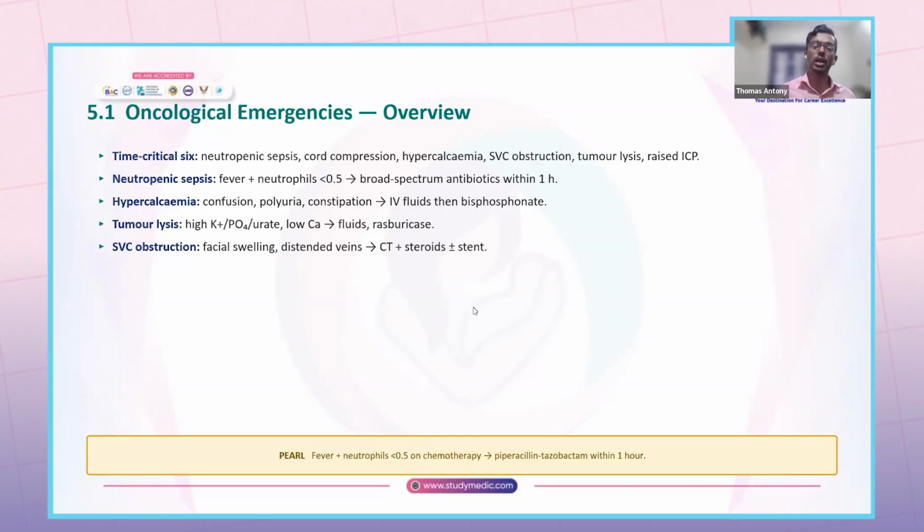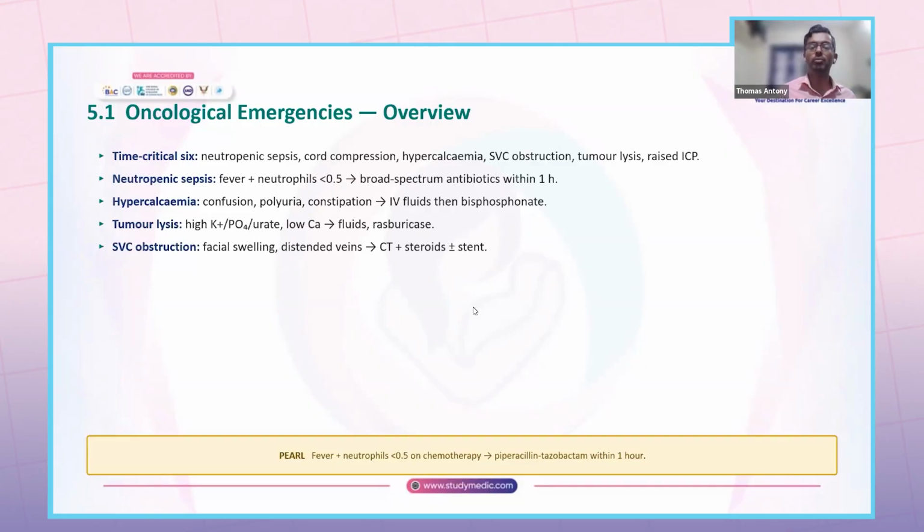In neutropenic sepsis, the patient presents with fever along with neutrophils less than 0.5, and broad spectrum antibiotics should be administered within the hour. Hypercalcemia: confusion, polyuria, constipation. Initial administration of IV fluids followed by bisphosphonates, because bisphosphonates can take time to act.